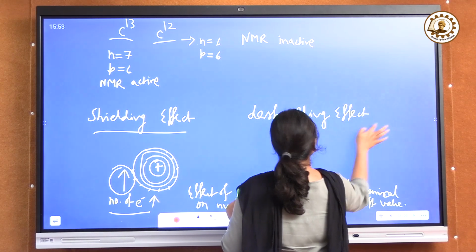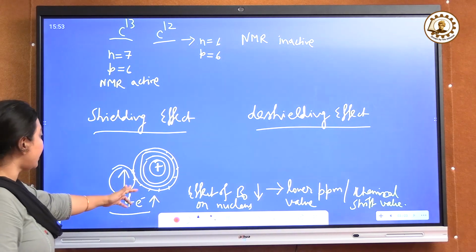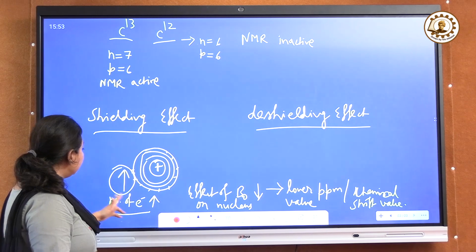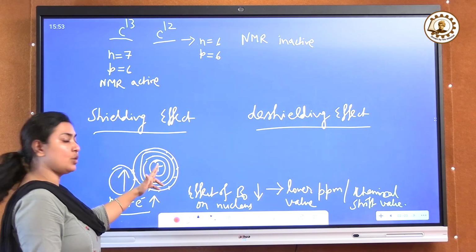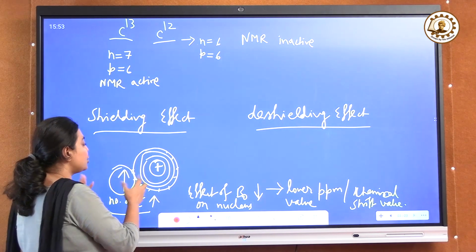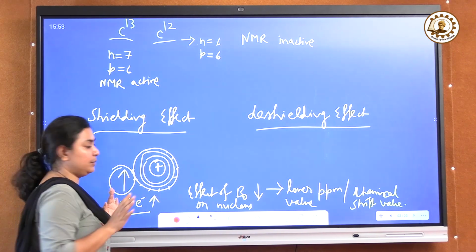De-shielding effect. What will happen? If the number of electrons is comparatively less, then the external magnetic field has a heavy impact on the nucleus. So there will be a strong interaction between the intrinsic magnetic moment and the external magnetic moment.